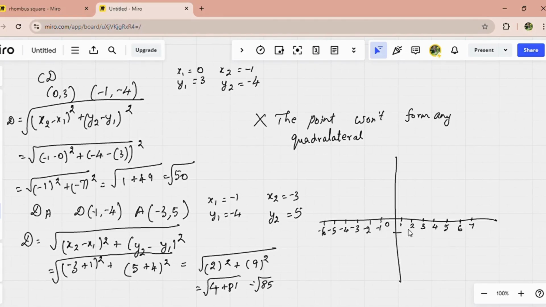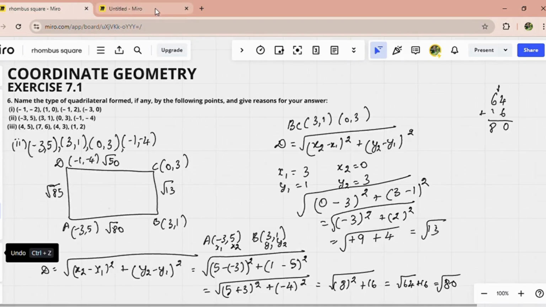Here minus 1, minus 2, minus 3, minus 4, minus 5, minus 6. Here 1, 2, 3, 4, 5. If I substitute these values, A is minus 3, 5.